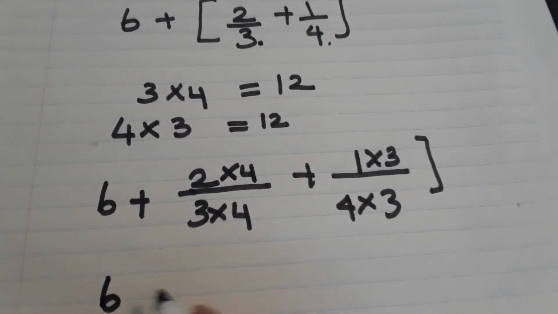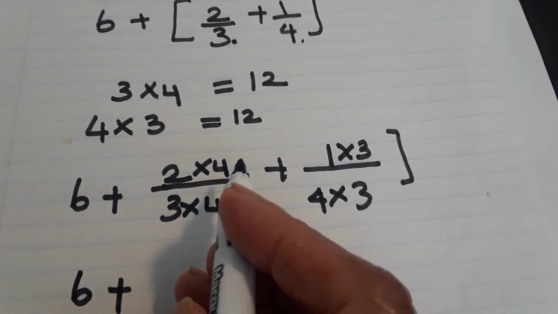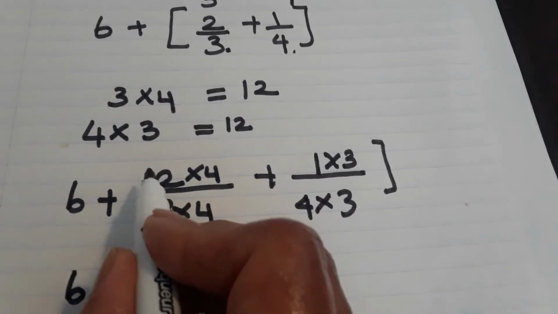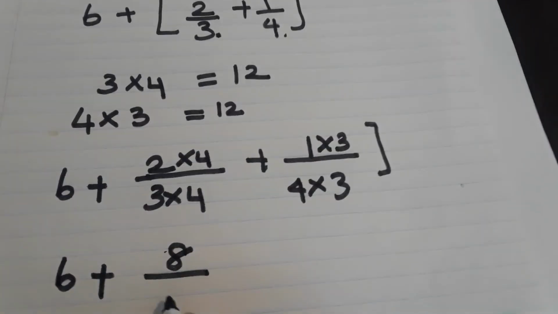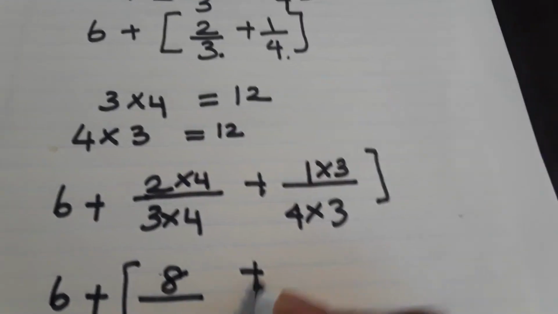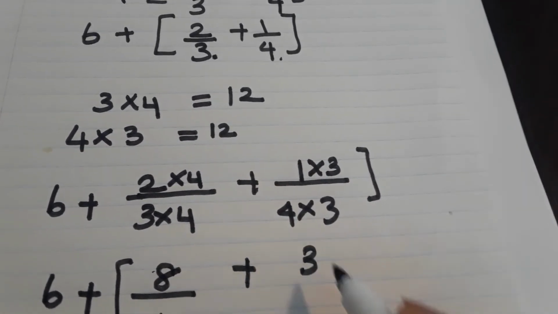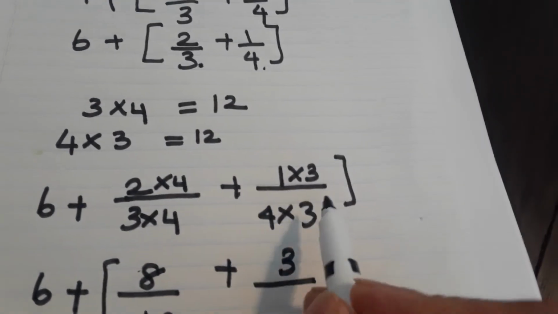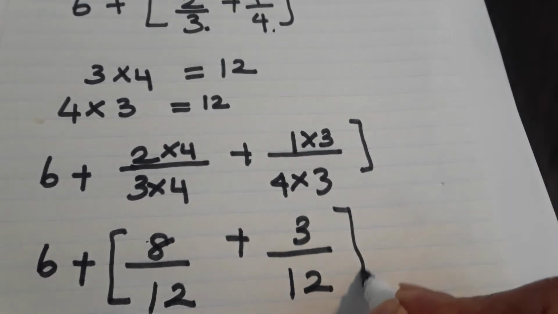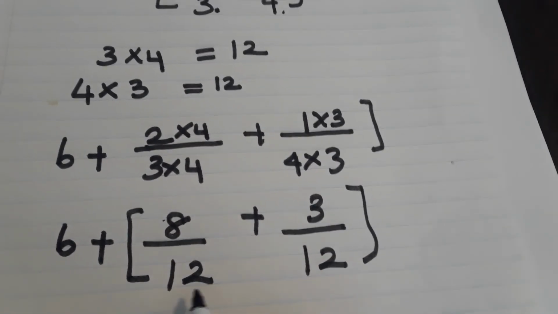So 6 plus 2 multiplied by 4 equals 8. 3 multiplied by 4 equals 12. Plus 1 multiplied by 3 equals 3. 4 multiplied by 3 equals 12. So now we have the same denominator.